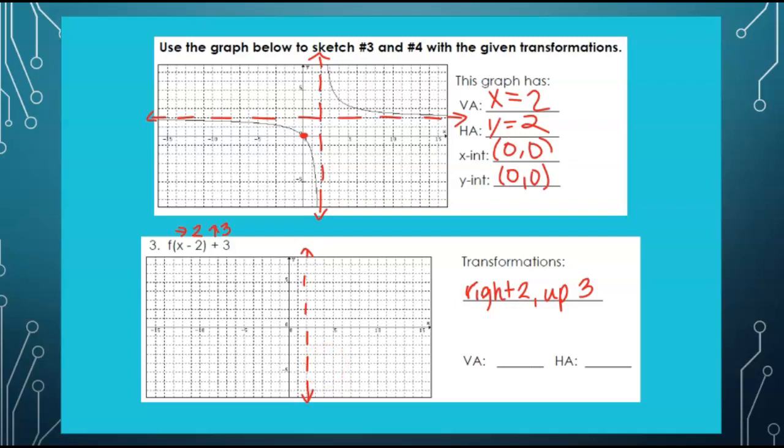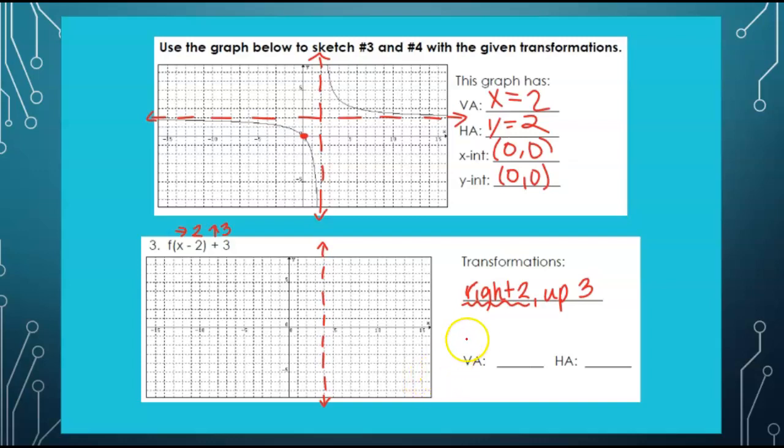I need to shift this to the right 2 times. So instead of it going through 2, if I shift it over 2 times, where does it go through now? 4, yeah. So I'm going to erase the old one, I'm going to put the new one. There we go.